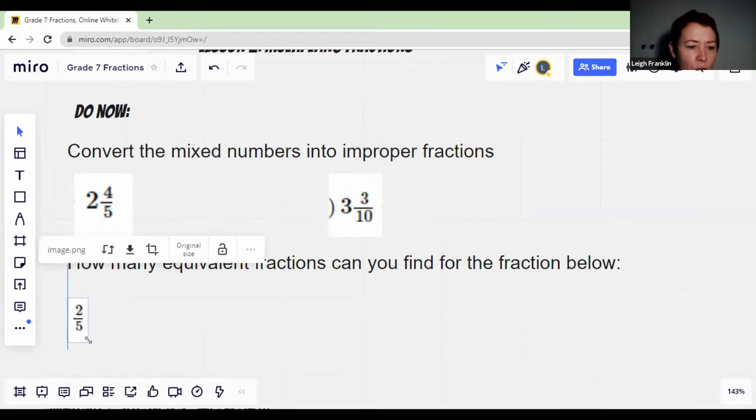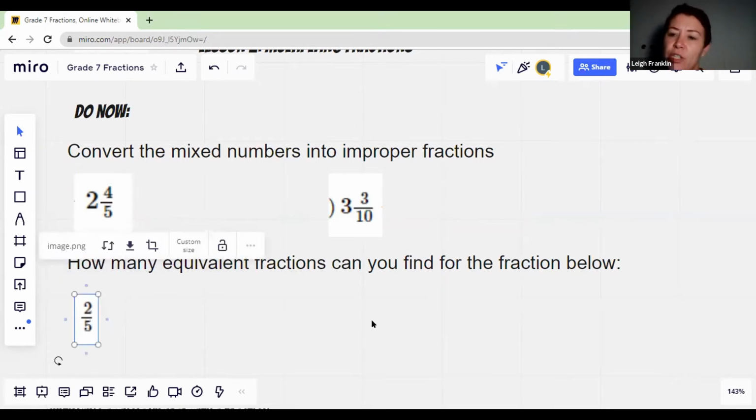Okay. All right. So with this one over here, an equivalent fraction. Do you remember we were talking last time about equivalent fractions? So in other words, it's going to be something that has the same basic value, but there are different numbers. So when I said to you, how many equivalent fractions can you find for this fraction?